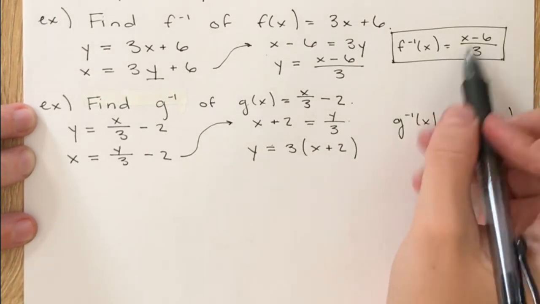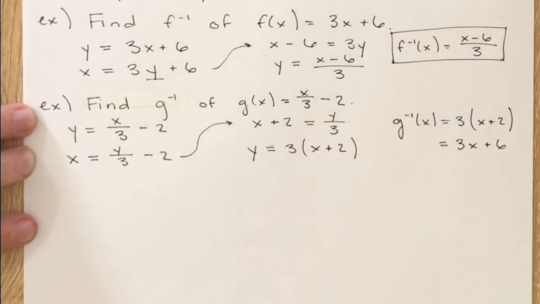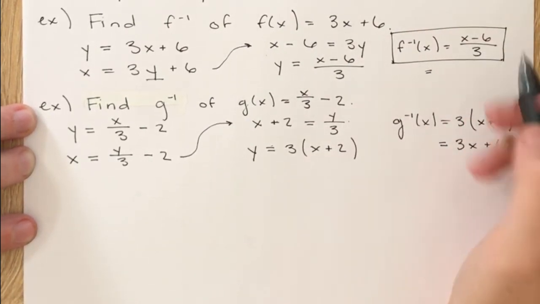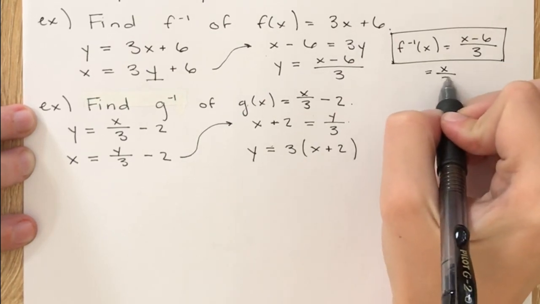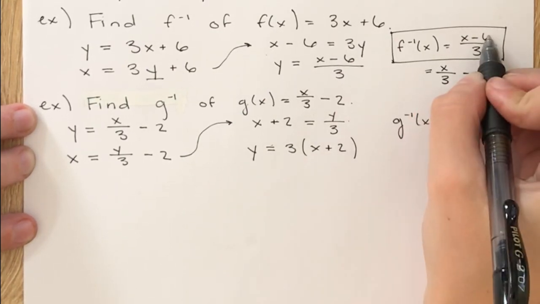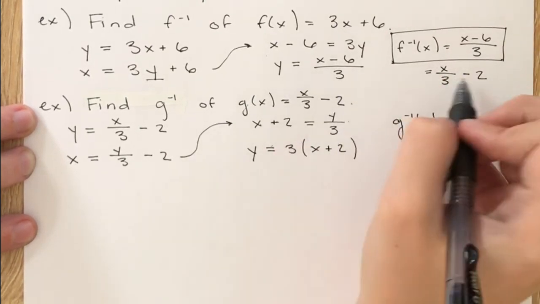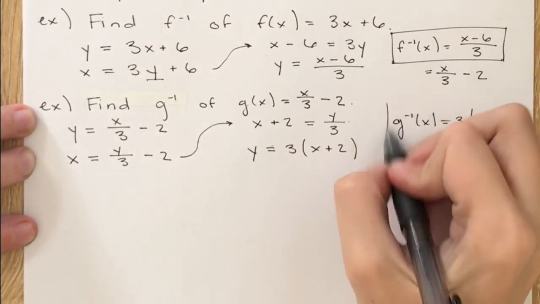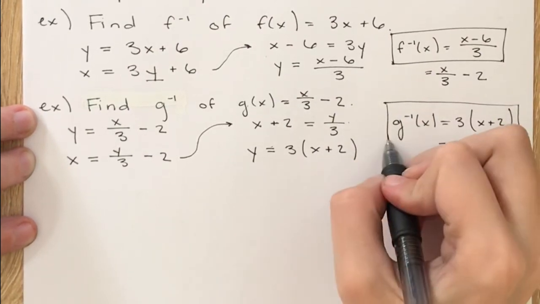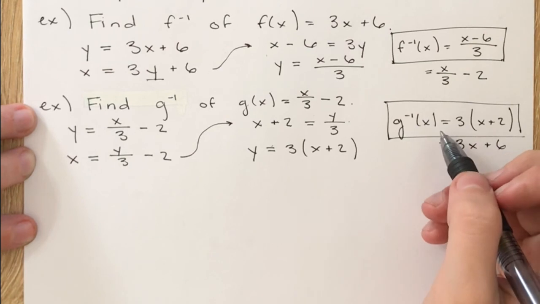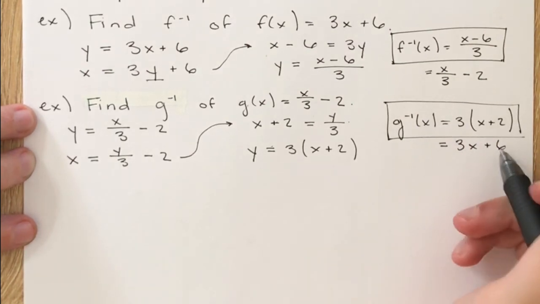Well, can we rewrite this at all? What if we split up that fraction into two terms? So we divide the first term by 3, so we have x over 3, and then minus 6 divided by 3 is 2. So we did get g. And that's something really interesting and kind of important about inverses: there's only one inverse for every function.